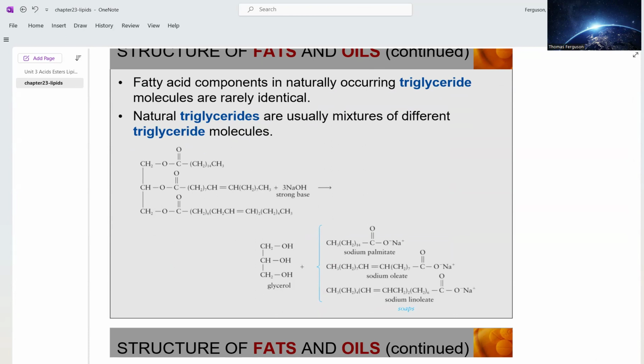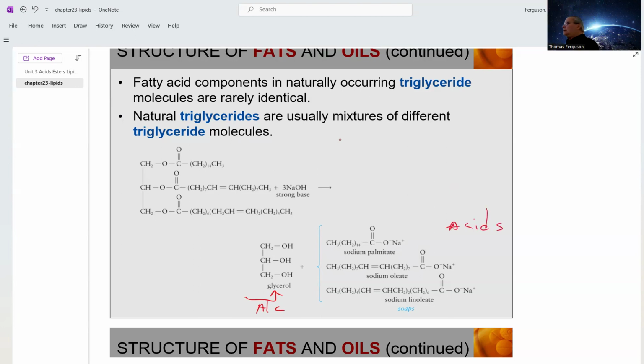If you introduce an alkaline to a triglyceride like we did in lab when we made our soap, what happens is the ester bond is cleaved and you end up regenerating the alcohol and regenerating the acids.